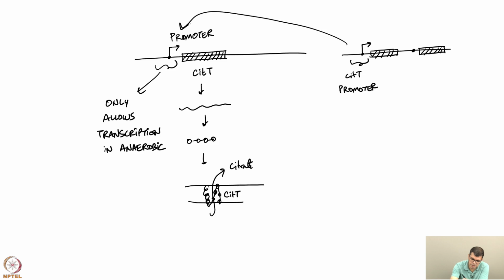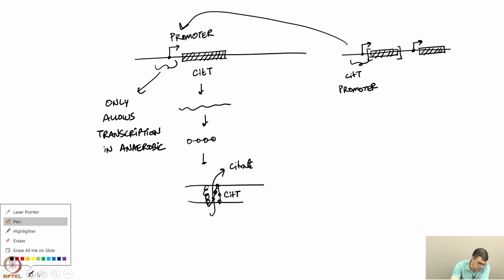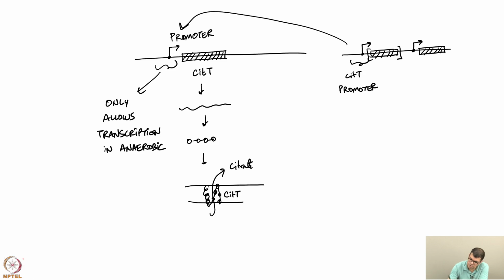which is the same promoter as here, but in the duplication event only this part was duplicated, and upstream of this gene was another promoter which was not CitT's promoter, but this is another promoter that was present here on the DNA. So, this is another promoter.